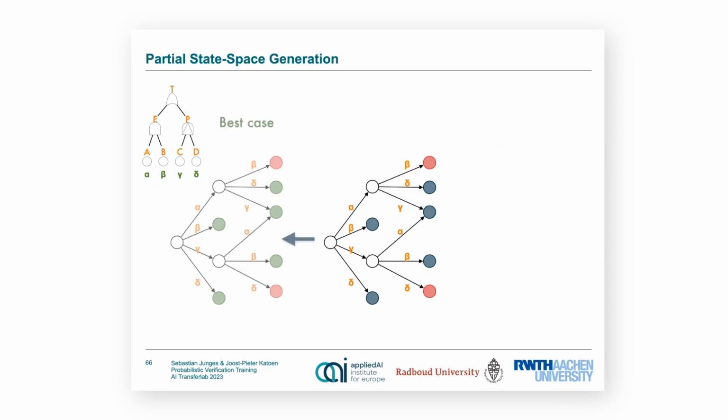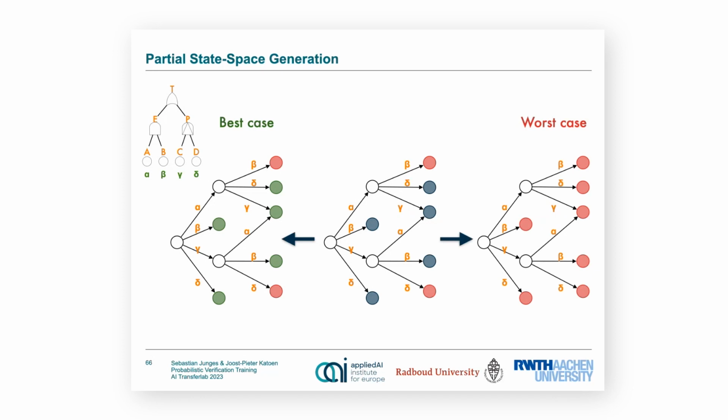Now we can analyze this partial state space. We can take a very optimistic view or a very pessimistic view. Pessimistic means everything that you did not explore becomes red, fails. Best case means everything that you did not explore, you just assume will never fail, so it becomes green.